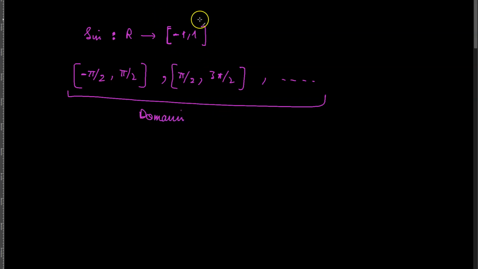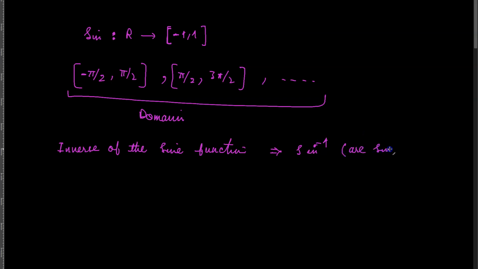The range or the codomain of the function is okay, there is no problem with that. And with that in mind, we said that the inverse of the sine function is the sine inverse function, which we also call the arcsine function.